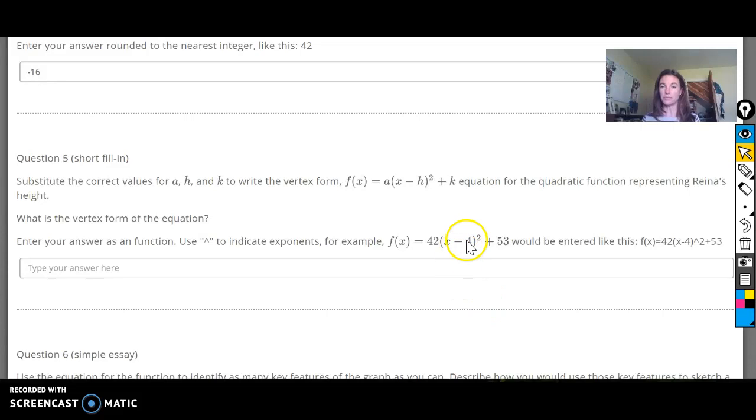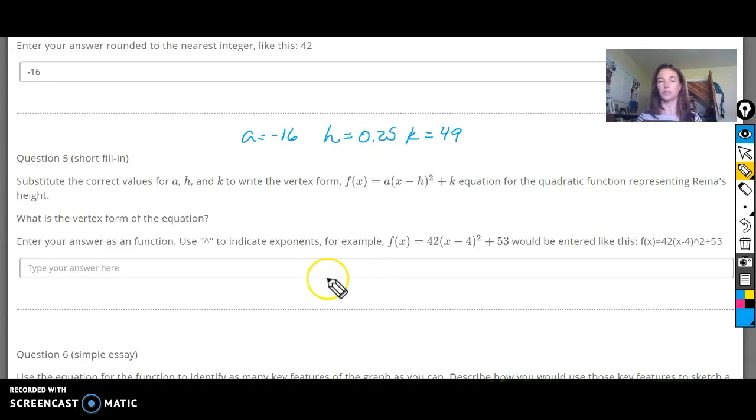I know that a equals negative 16, h equals 0.25, and k equals 49. So I'm going to plug all of those in, and that's my generic vertex form for this parabola.